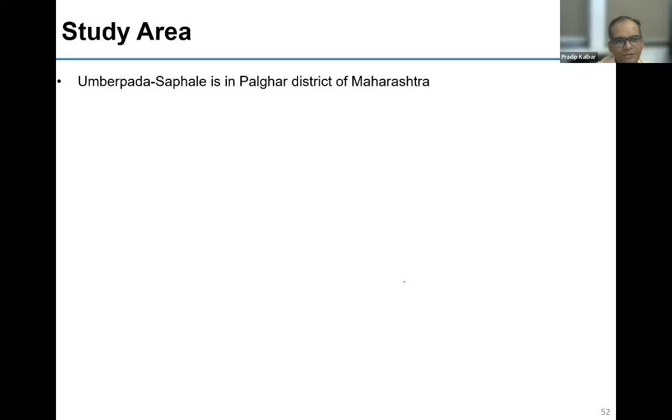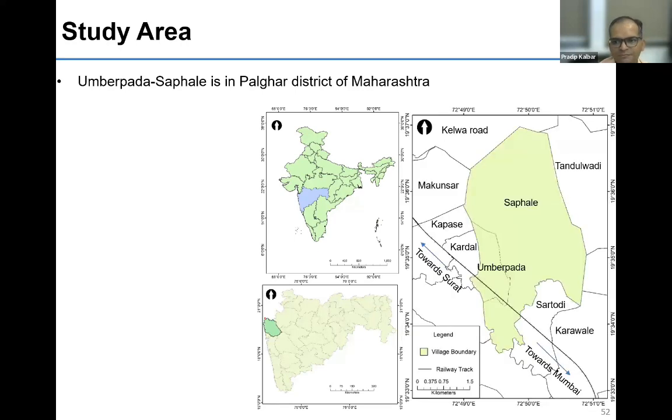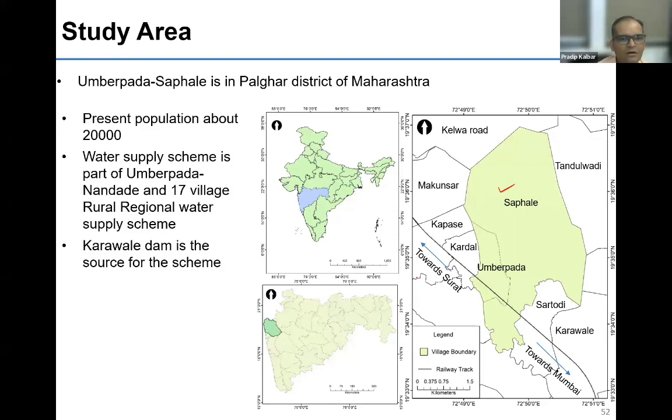The first study we did with this idea and analysis is in Umbarpada, Safali in Palghar district, Maharashtra. Many people must know it. Here is Palghar district in Maharashtra, and here is Safali, an emerging town with 30-40,000 population. Karwale Dam is the source for this area.